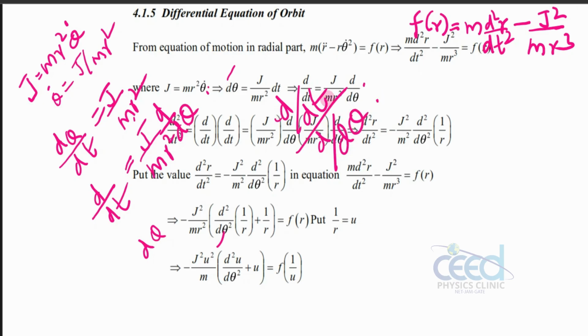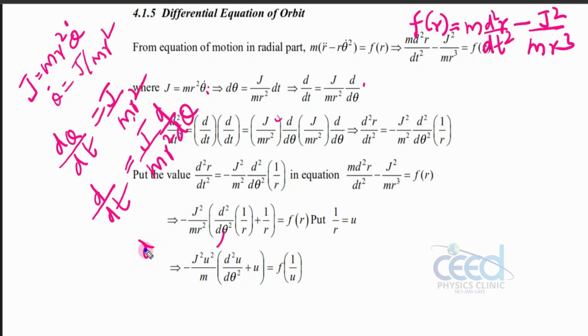Then d theta by dt only this. Understood? So this part I am taking to this side, and this part I am changing like this. So generally we can write like this, in an operator form.